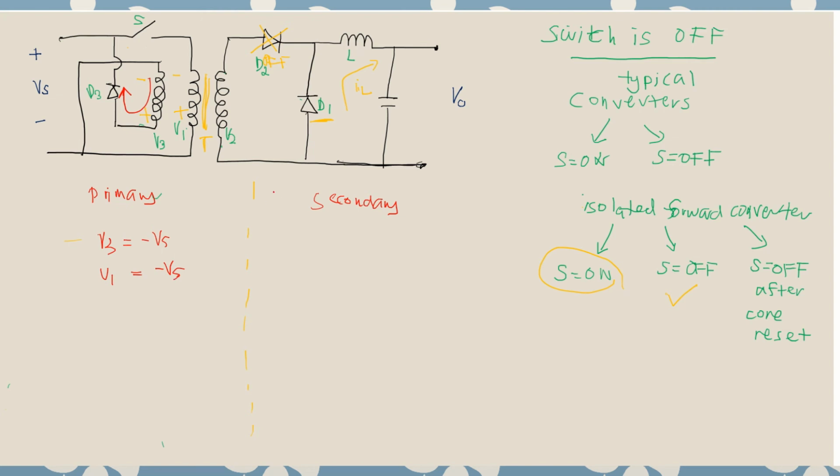Okay, for secondary, the V2 still, but this time we have negative ratio of Vs. And then of course IS should be here.